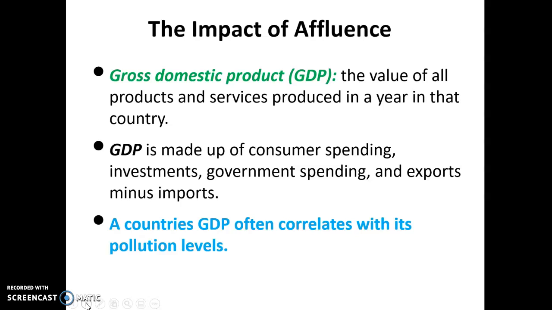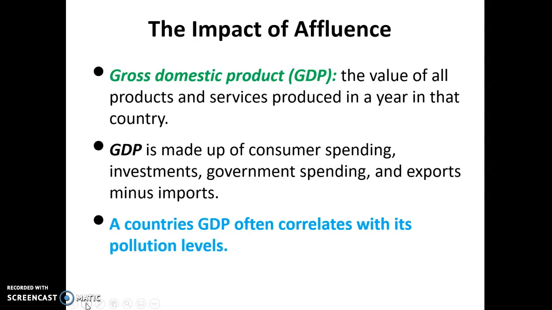Okay, now we're going to look at the impact of affluence. Affluence refers to wealth. So we're going to look at an economic term here, gross domestic product. The gross domestic product is all of the products and services produced in a year in a particular country. So what comprises the GDP?